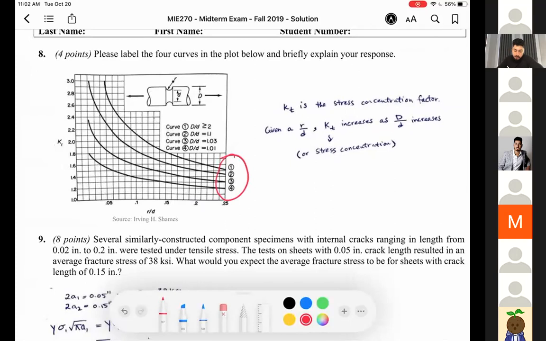So you know that the stress concentration factor is a function of d over D. As d over D increases, the stress concentration factor is going to increase as well, right? Because they're proportional. Yes. So because they're directly proportional, then you're able to actually label the curve accordingly. Okay?